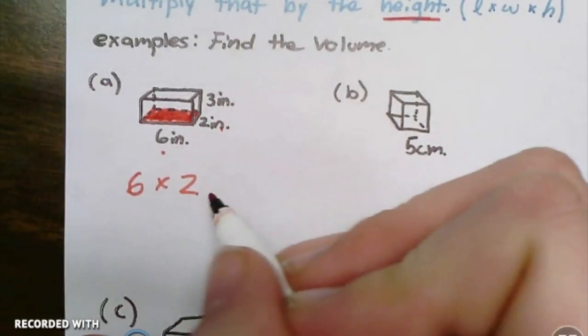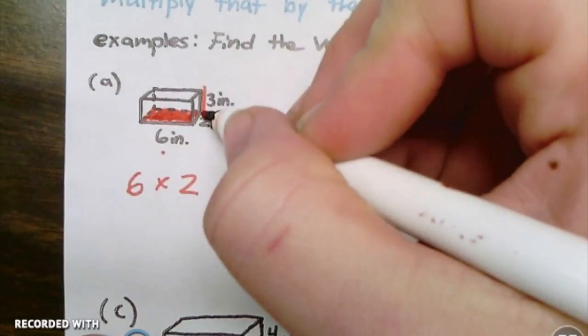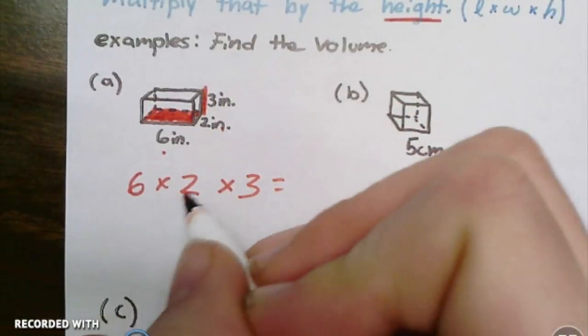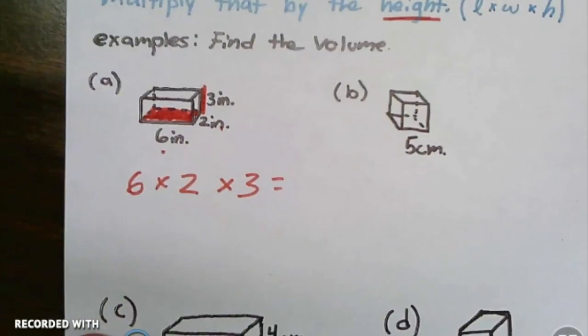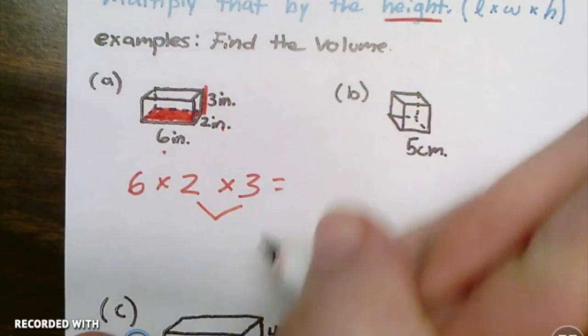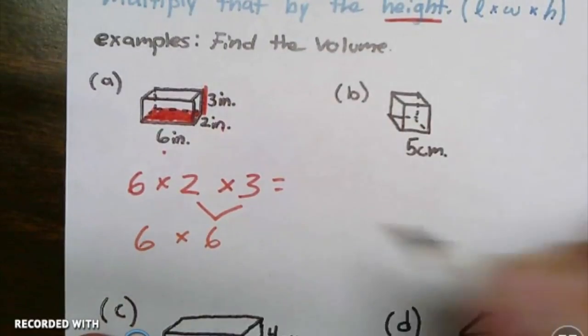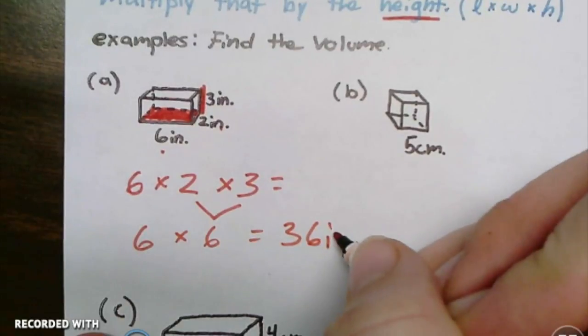And then I'm going to multiply that times the height, which is 3. So 6 times 2 is 12. I can do 12 times 3, or if you don't know your 12s times tables, I could do 2 times 3, which is 6, and do 6 times 6, which either way is 36 inches.